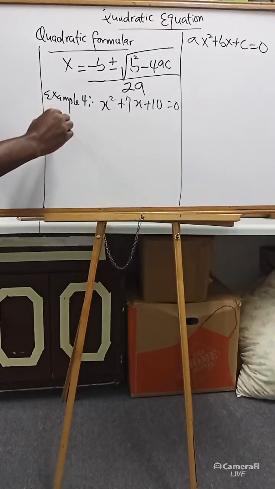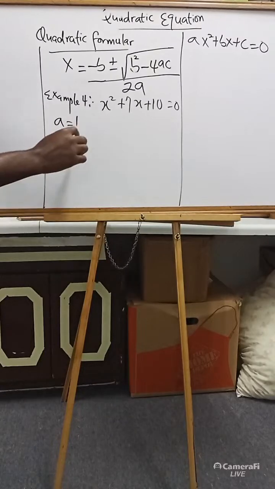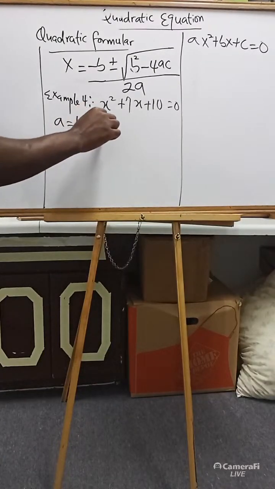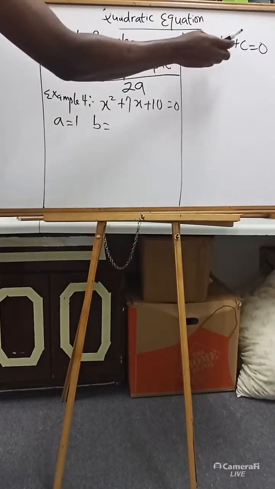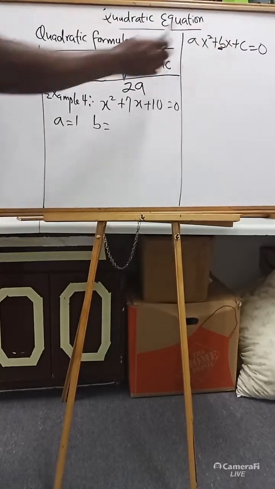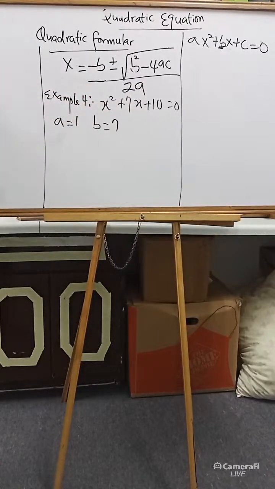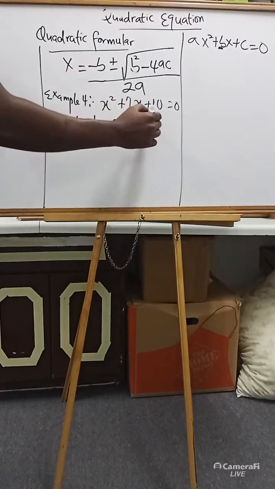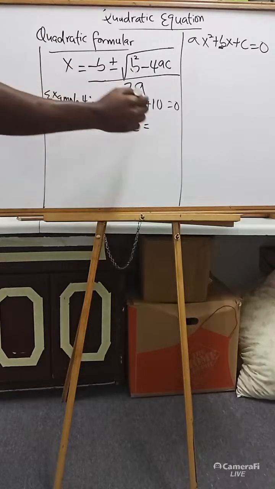From here, you agree with me that my a is 1. What about my b, which is the coefficient of x? This is my b, the number standing with x, which is 7. What about my c? The one that has no x, which is 10.